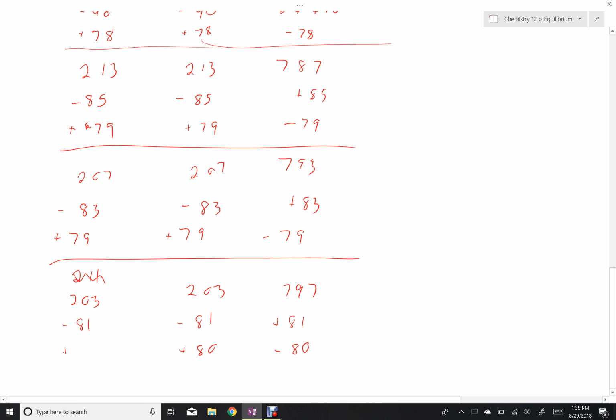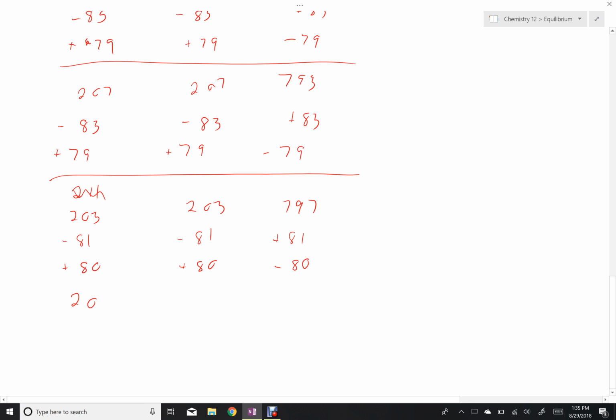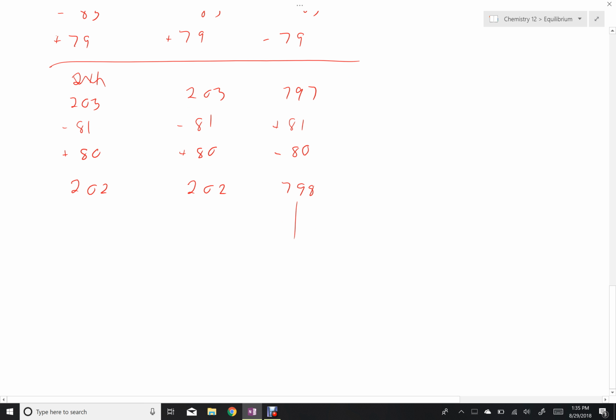And what we can see here is we are practically at equilibrium. This guy's going to decrease by 1 each time. This guy's going to increase by 1 each time until you can keep doing the math you want. This one hits 200.